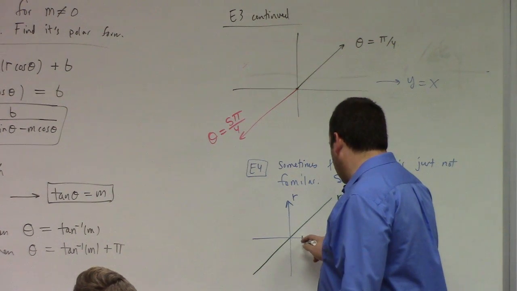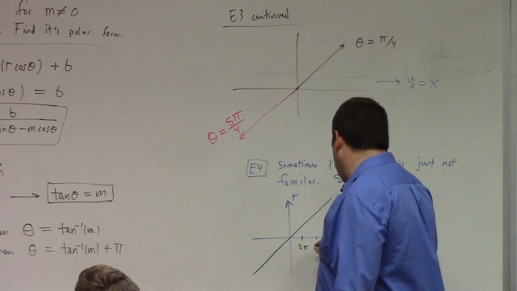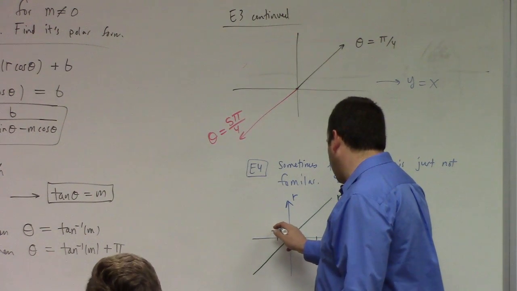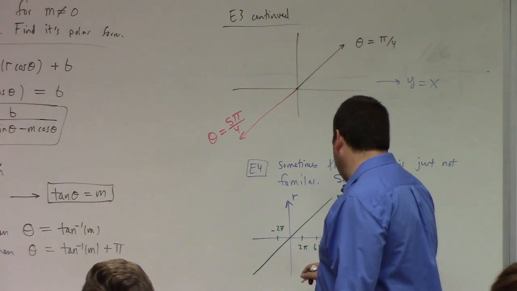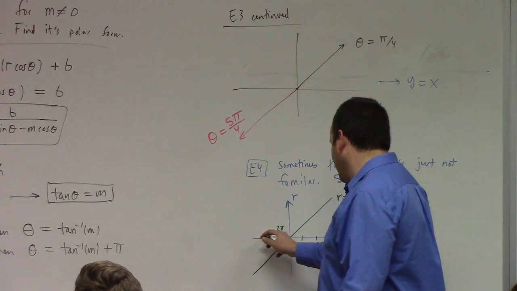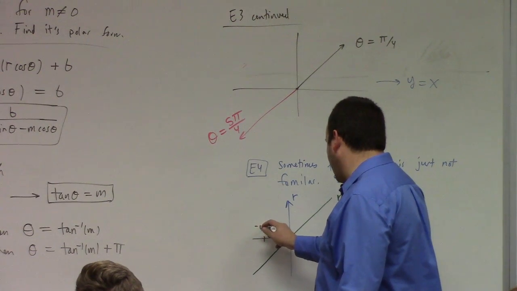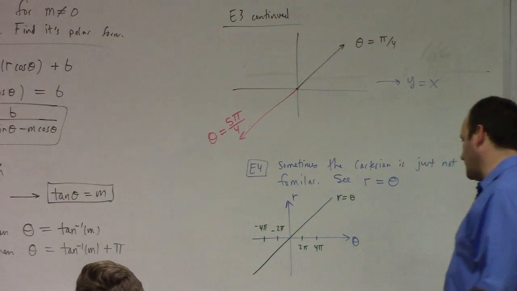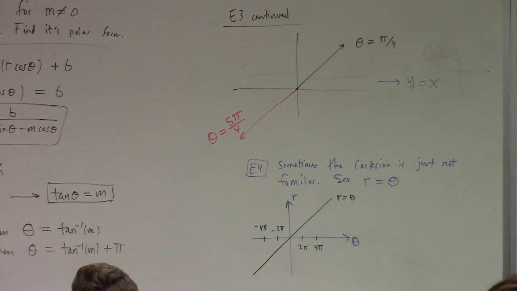So we can look at, say, 2 pi, 4 pi, minus 2 pi. Oh, how did I get to 6 pi all of a sudden? What's wrong with me? 4 pi, good grief, minus 4 pi, and so forth. All right. I probably should blow that up. Let me blow that up a bit.